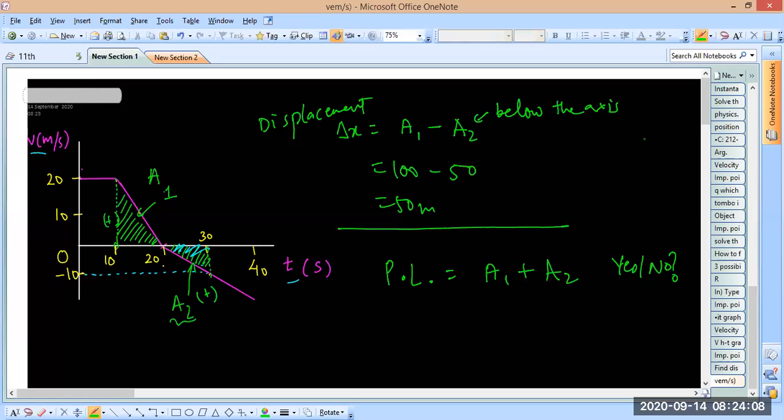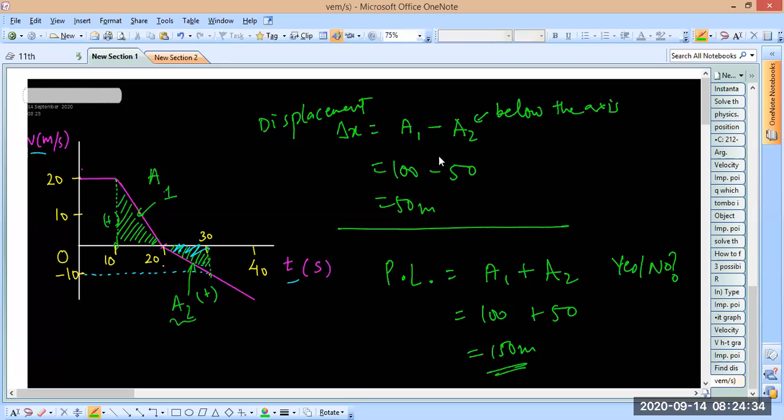Dhruvi, the unit is wrong. So the answer is going to be 100 plus 50, so that is going to be 150 meter. Devanshi, please write the unit. So this is going to be 150 meter.